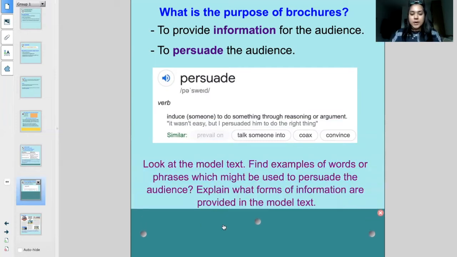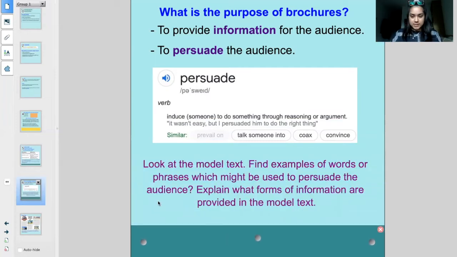Okay, so now we're going to have a look at the model text, and we're going to try and find some examples of words or phrases which might be used to persuade the audience. What I'd also like you to do is explain what forms of information are provided in the model text, what kinds of things are discussed. Okay, so let's have a look.